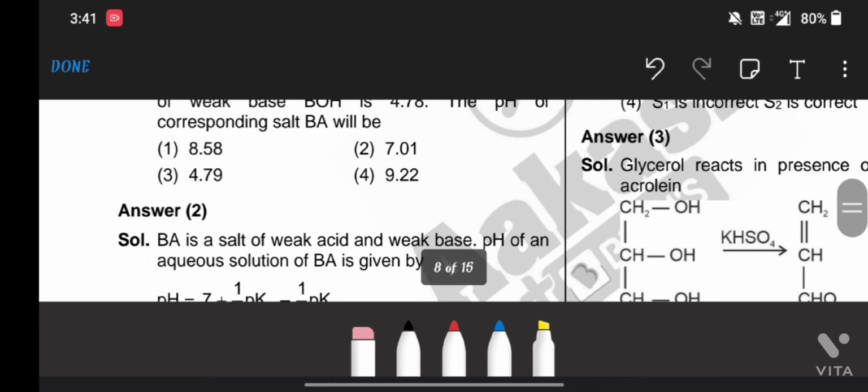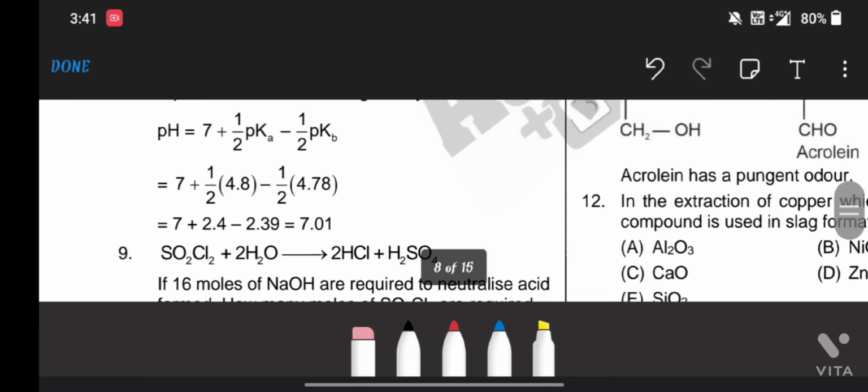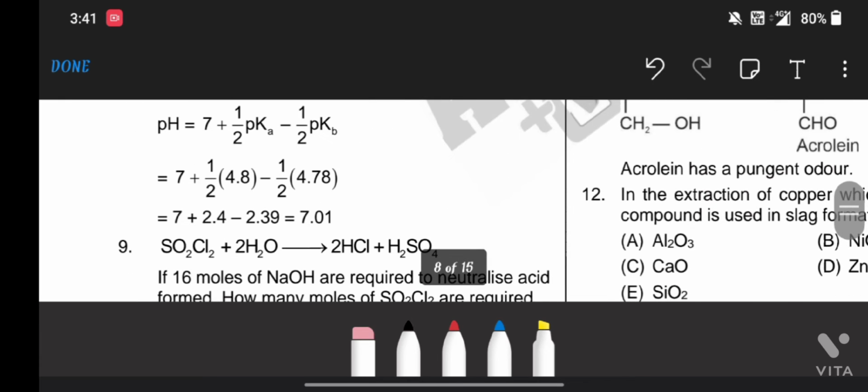So therefore 7 plus 1 by 2 of 4.8, which they have given here, minus 1 by 2 of pKb, which is 4.78. So it is 7 plus 2.4 minus 2.39, that is equal to 7.01 we'll get.